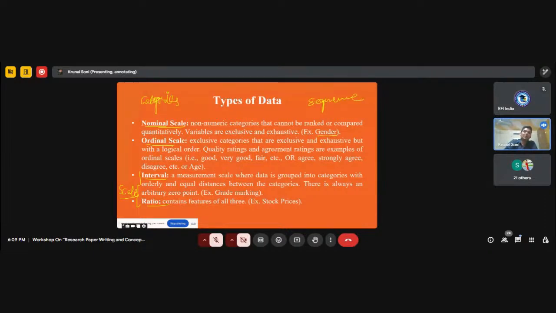Whenever you are discussing nominal and ordinal data, you must take these categories and bifurcate those types of scale based on the categories and sequencing, right? First of all, whenever any questions are asked in terms of options, they are called close-ended questionnaires, yes or no?